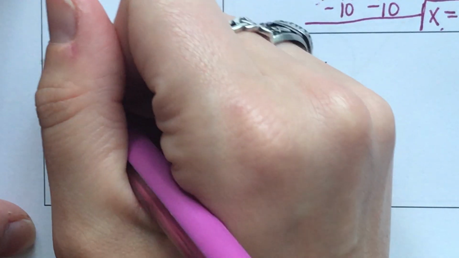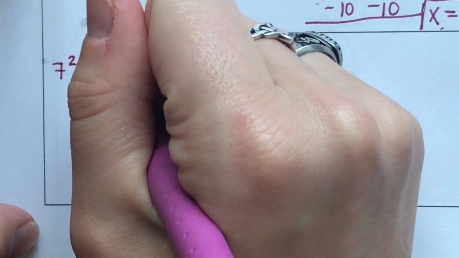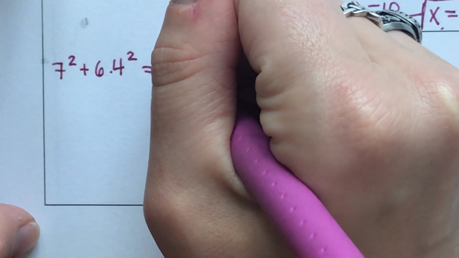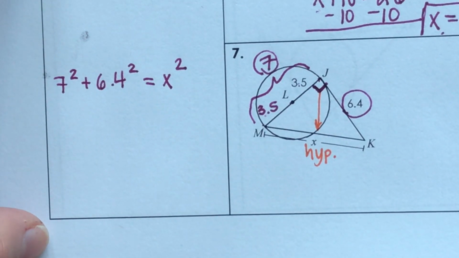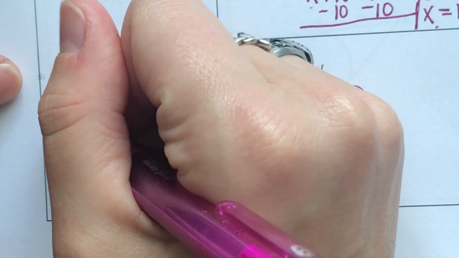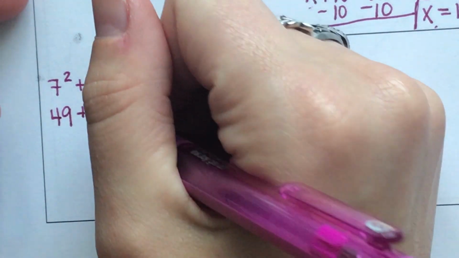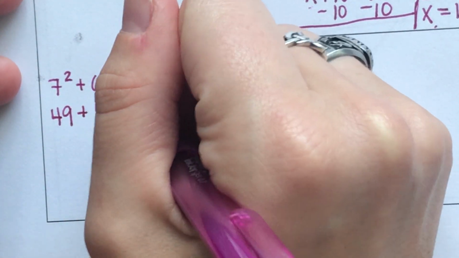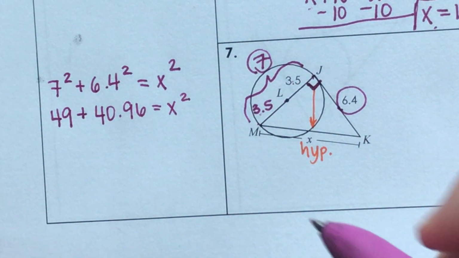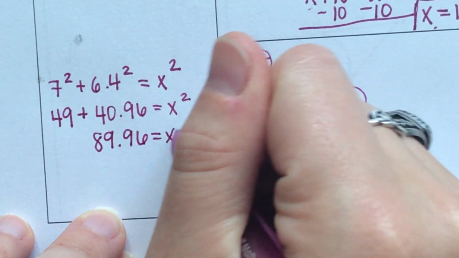So I've got my two legs, 7 squared plus 6.4 squared equals my hypotenuse squared. Okay, now I'm just going to go through and square them. 7 squared gives me 49. 6.4 squared gives me 40.96. If I add those two together, I get 89.96.